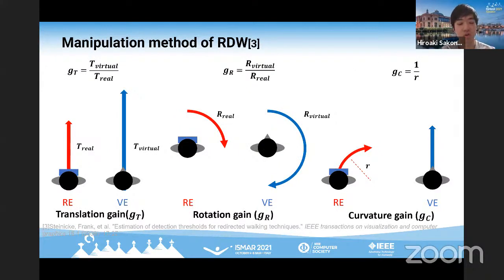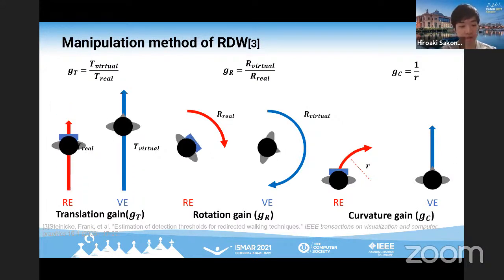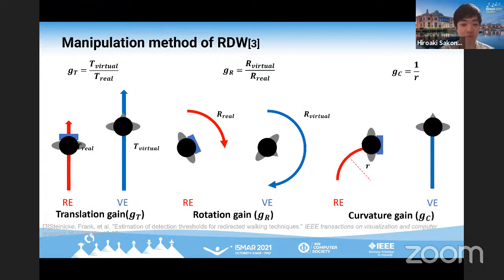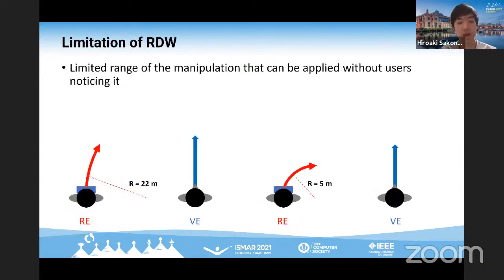Manipulation methods for redirected walking include translation gain, which manipulates the distance the users move, rotation gain, which manipulates the amount of rotation, and the curvature gain, which manipulates the curvature of the path. However, there is a limitation to these manipulation methods.